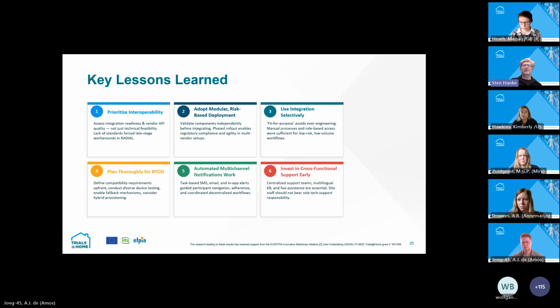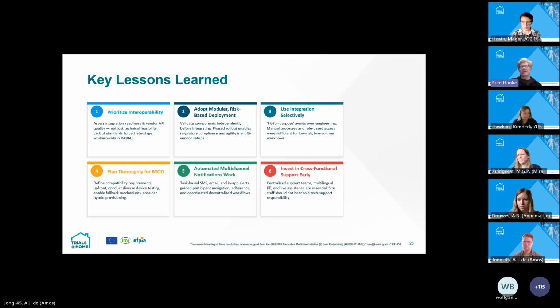Bring your own device. I think it has a back and forth to decide here. The dual use problem I spoke about, but if you control the devices and give out devices, you have, of course, better control on the issues. Notifications, interaction with the participants, who should handle the technology alone in their home environment, is very important.